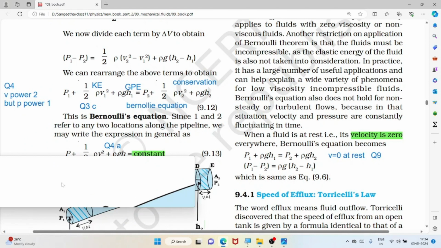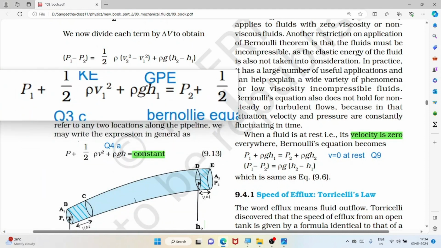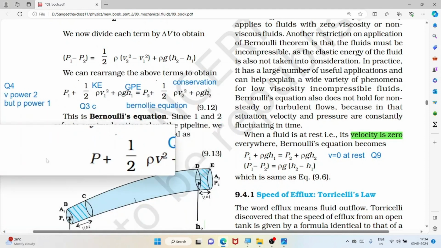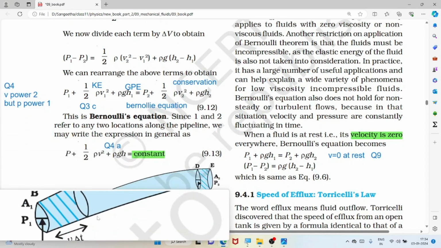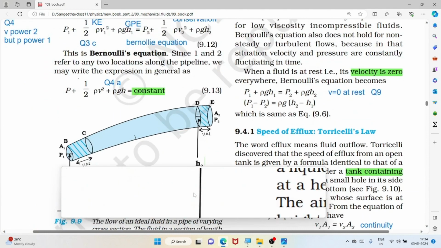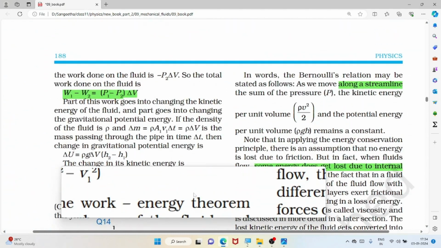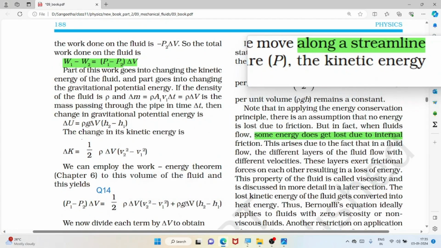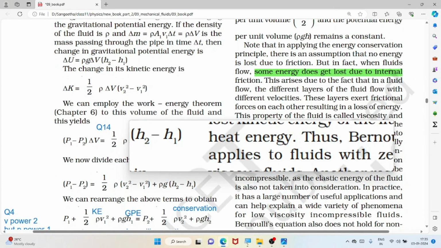That is Bernoulli's equation. Here you see the velocity, as a power of two, has more weightage than the pressure. So this is only for streamline flow, Bernoulli's theorem.